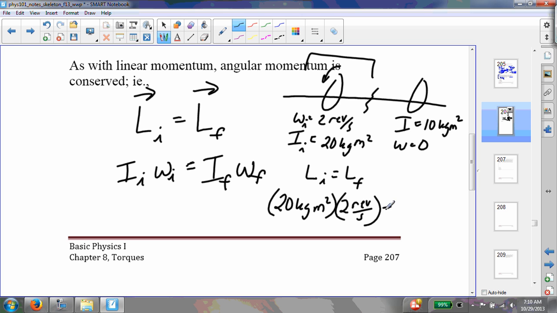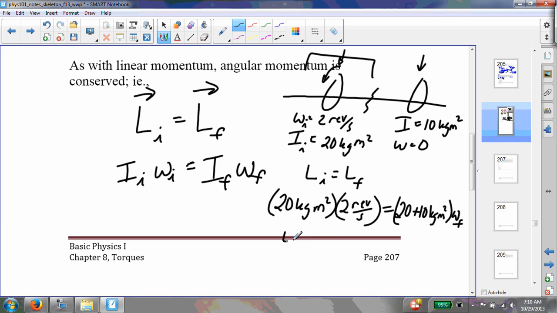Now, L final. How do I find the final angular momentum of this system? Well, I'm bringing these two objects together. So just like we had in the toy, the clip with Richard Pryor, if I want to know the total angular momentum, I have to add up the angular momentum of this object and of this object. So the total angular momentum is going to be 20 plus 10 kilogram meters squared, and then omega final.